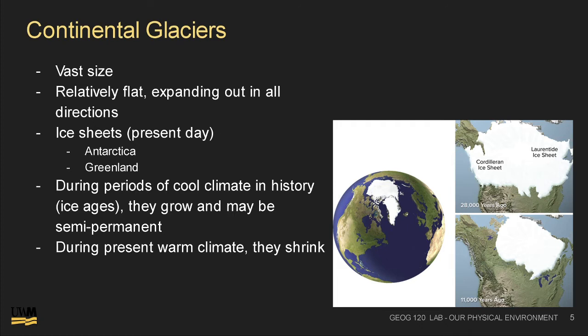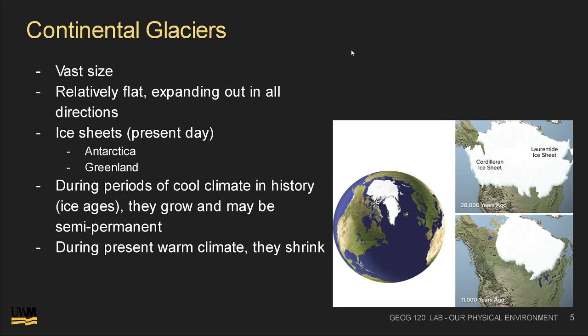And that's what we see today. About 28,000 years ago, Wisconsin was mostly covered in a sheet of ice. But 11,000 years ago, the ice receded and it was primarily in Canada. So don't worry too much about the specifics there, but understand that the features that we see today on our landscape are affected by the past glaciation events.